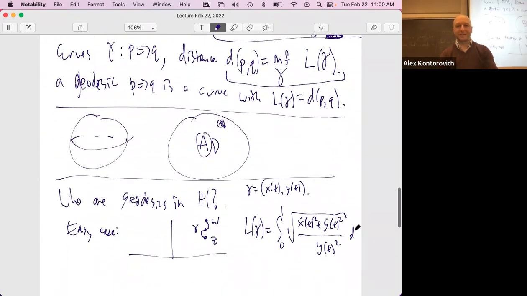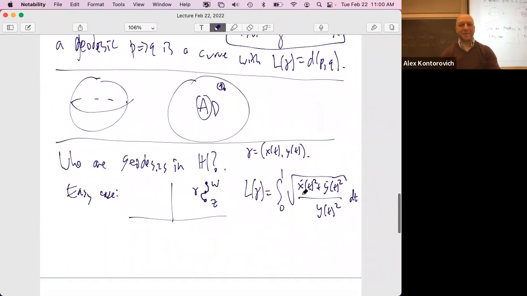And now this is bigger than if we don't write x prime. Exactly. The best is if x prime is 0. So this is at least the integral where x prime is 0, since this is a positive quantity. So it's the derivative in y divided by y dt. I can put absolute values here, the square root of the square. Y is already positive.